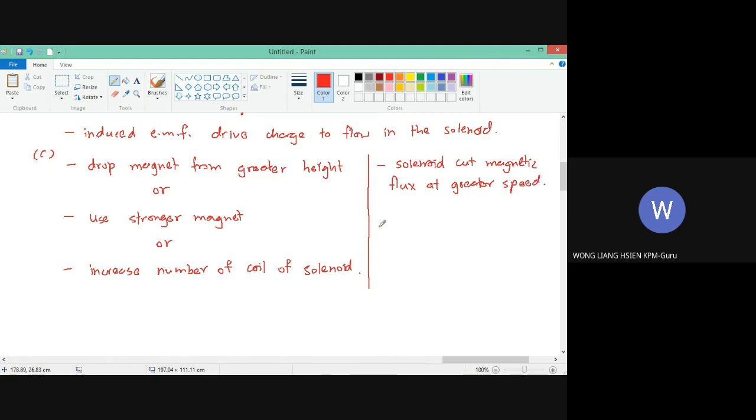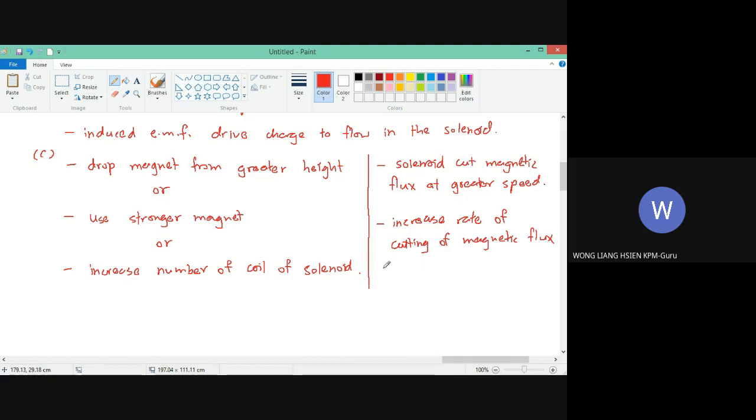For stronger magnet, we say increase rate of cutting of magnetic flux.